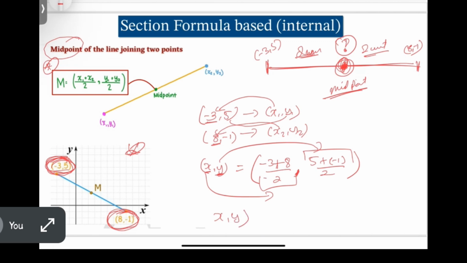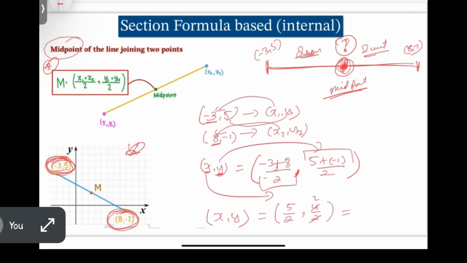X comma y is nothing but how much is it? Minus 3 plus 8 is nothing but 5. The different signs mean I need to subtract, but remember the greater number here is 8 and it is carrying a plus sign. That means 5 divided by 2, comma, what about this? 5 plus into minus is minus 1. 5 minus 1 is 4 divided by 2. So 2 2s are 4.